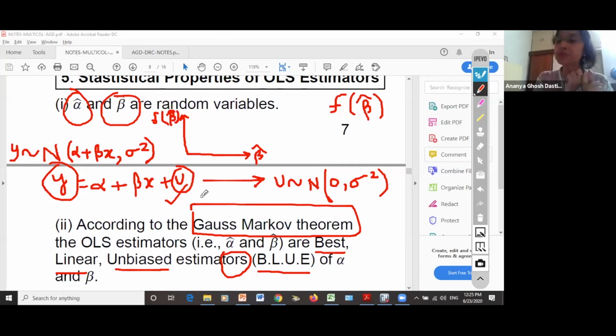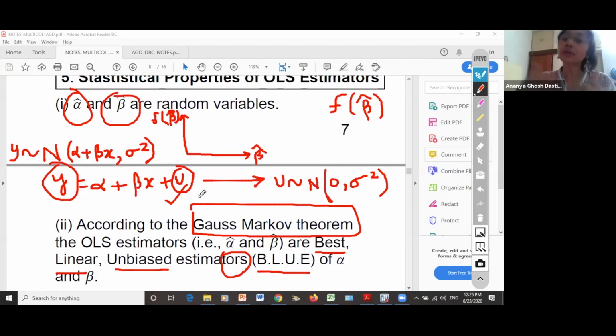Okay. Now, how are we proceeding to calculate alpha hat and beta hat? We are using these formulae. Alpha hat equals y bar minus beta hat x bar, and beta hat is equal to the covariance of x and y over the variance of x. So basically alpha hat and beta hat are functions of y. Now what about the x's? We are conditioning on the x's, which means we are treating the x's as though they were constant.